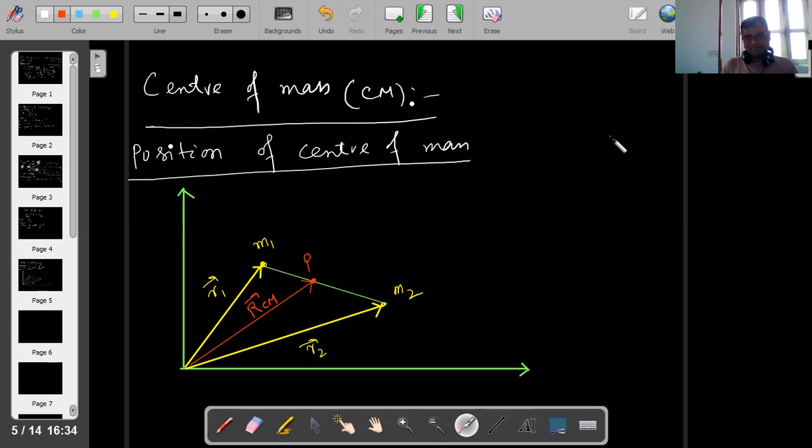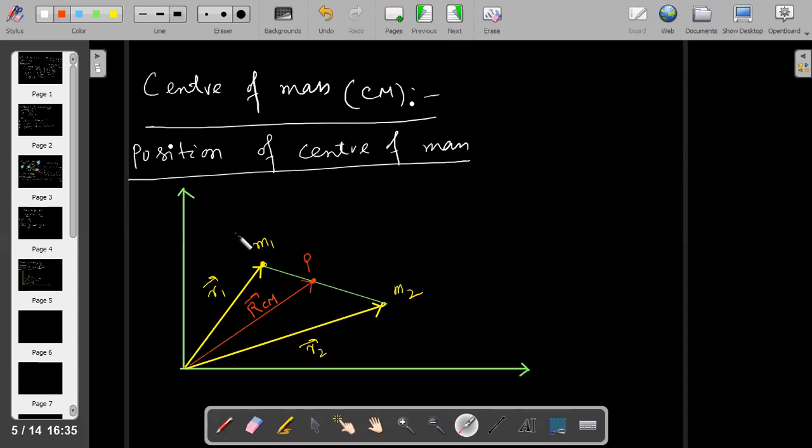Write. Let this be a system. The system consists of two particles M1 and M2 whose center of mass is to be determined. Let two forces be given on the system, F1 and F2.